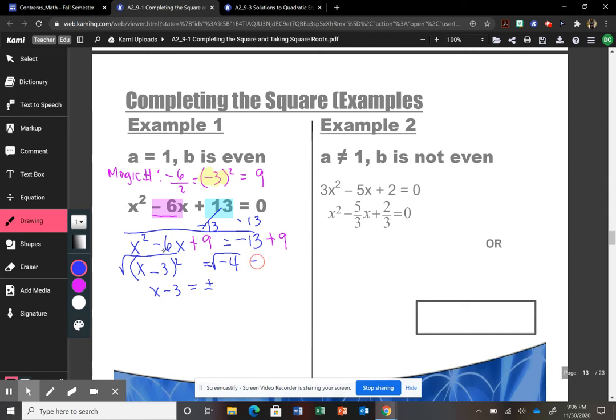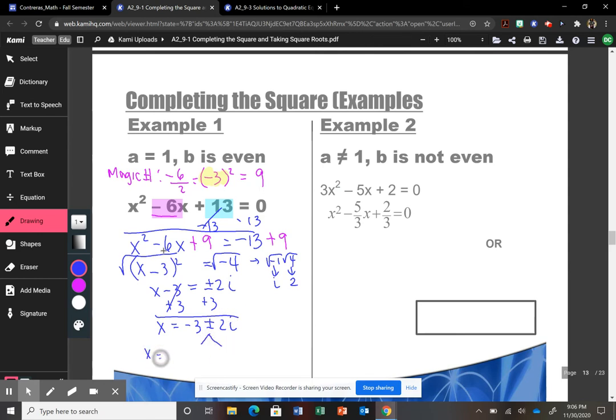Remember, the square root of -1 is i, and the square root of 4 is plus or minus 2. I still have to isolate my x, so I add 3 to both sides. So x is equal to 3 plus or minus 2i.